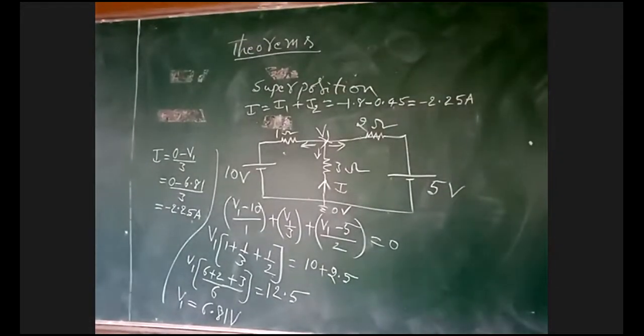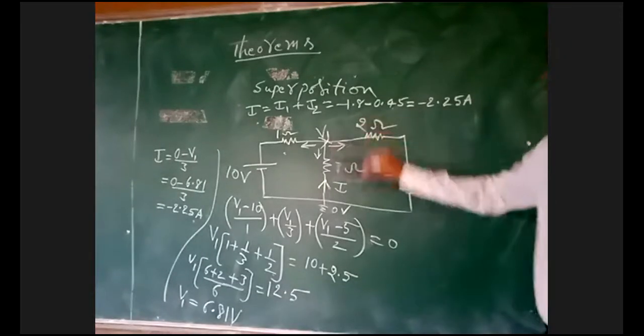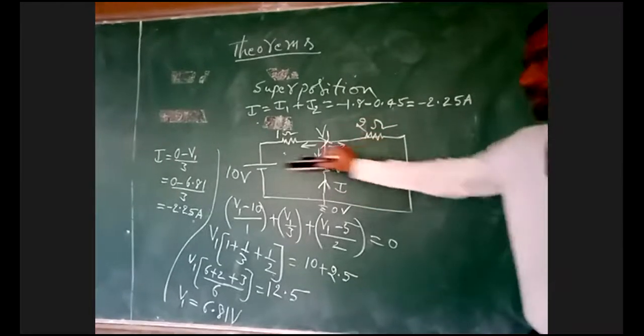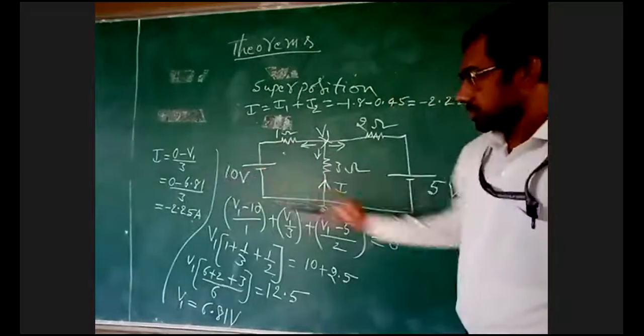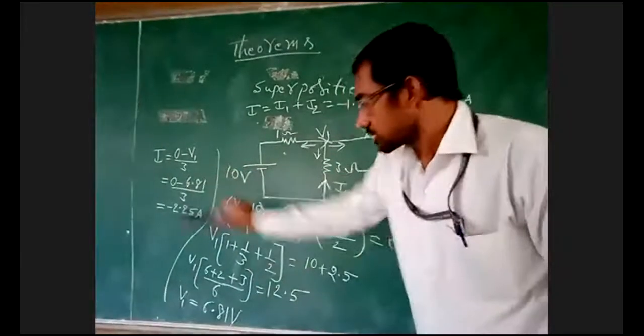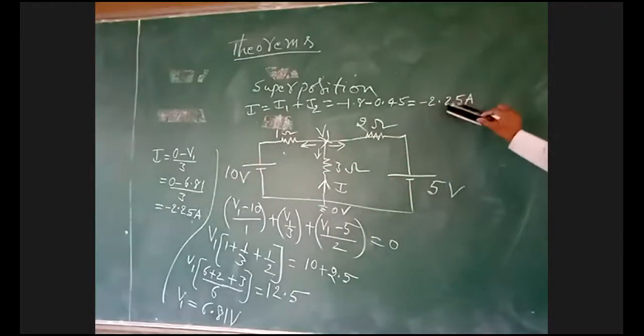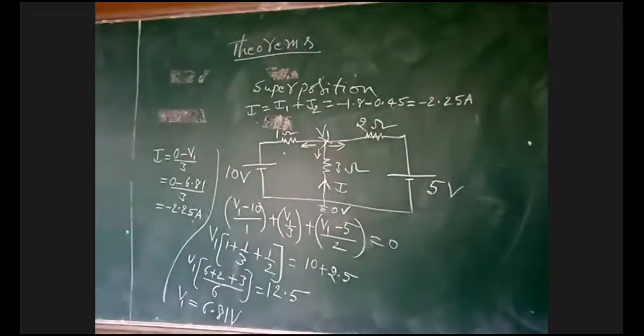Your current I is equal to 0 minus V1 by 3, because the current is in the upward direction. See the circuit: the current is flowing from 0 to V1. V1 is 6.81, substitute here. Whatever you get in the theorem, you have to get the same answer.